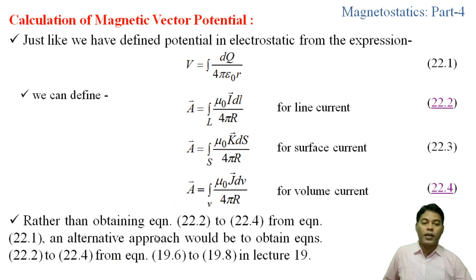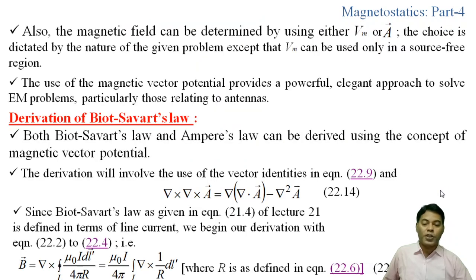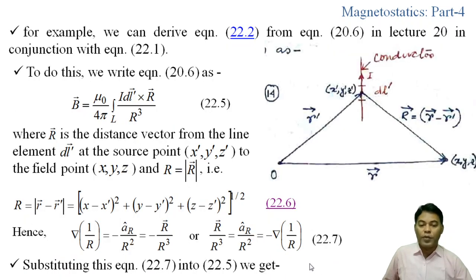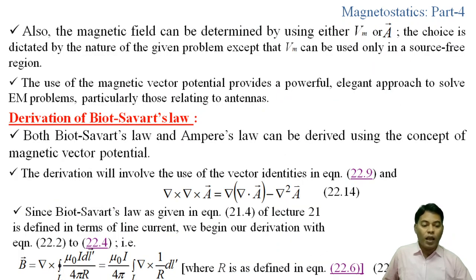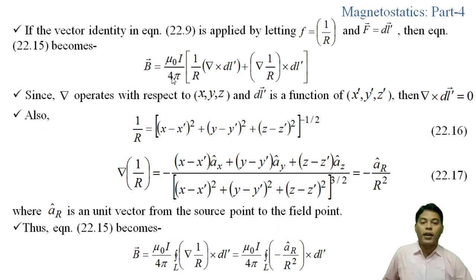Now this grad cross (1 by r) dl prime can be replaced using the vector identity which we have seen earlier.